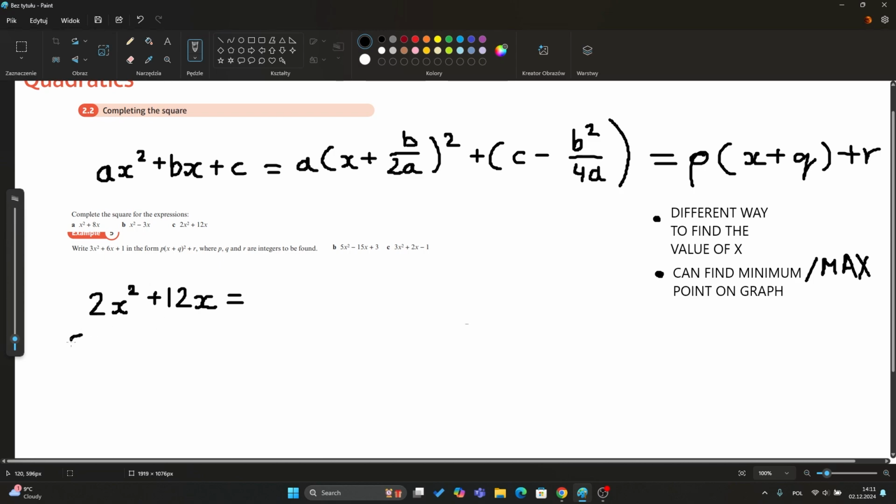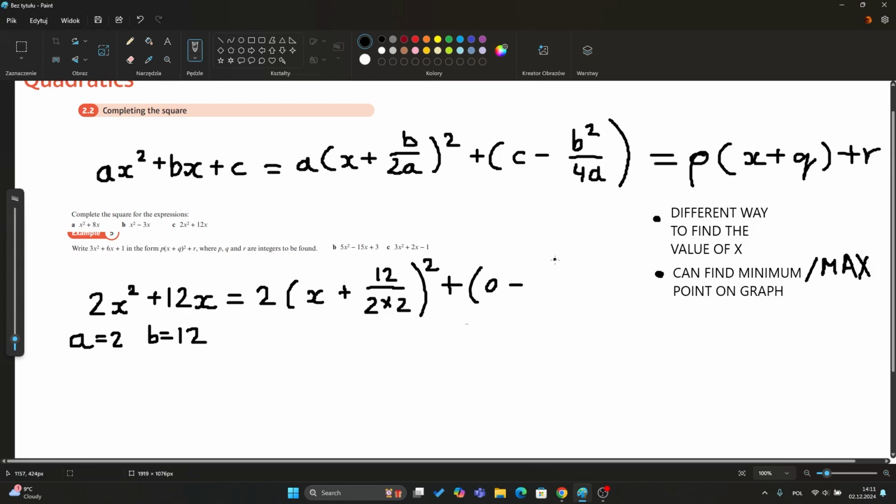So where a is equal to 2 and b is equal to 12, we have 2 in front, then x, then plus b, which is 12, over 2a, which is 2 times 2, then squared, then plus c, which is 0, minus b squared, which is 12 squared, over 4 times a.